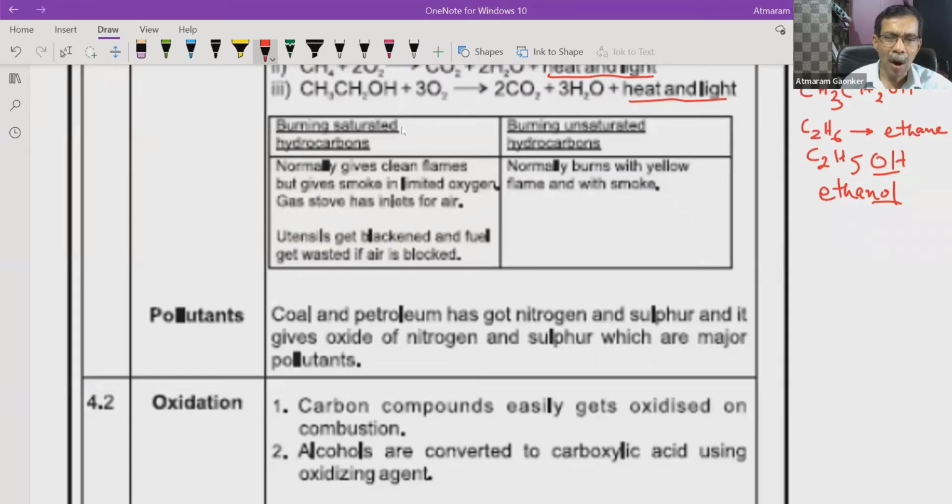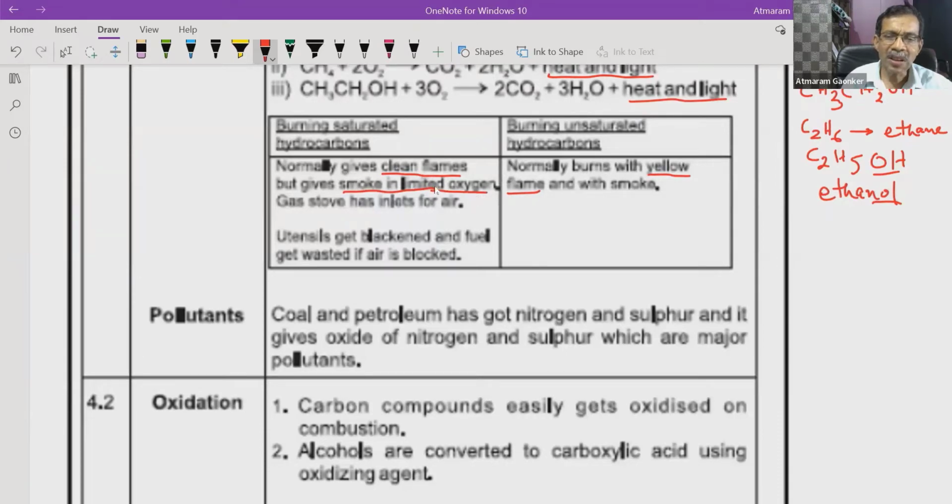So first, the saturated hydrocarbons, which have single bonds, normally give a clean flame, whereas unsaturated hydrocarbons burn with a yellow flame. It gives smoke in limited oxygen.